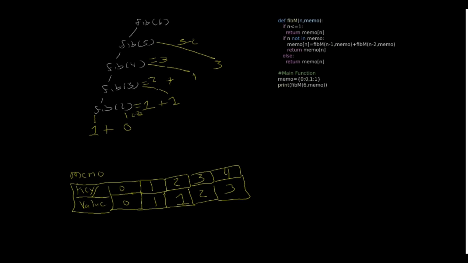Okay. And value for 3 is 2. So 3 plus 2, 5 is 5.